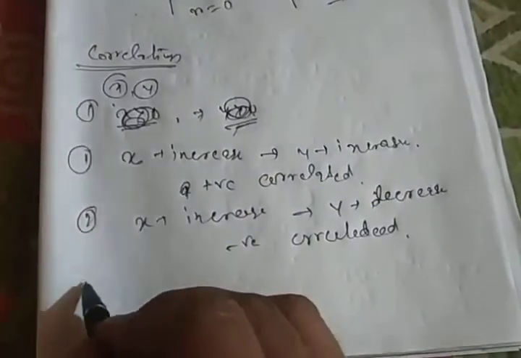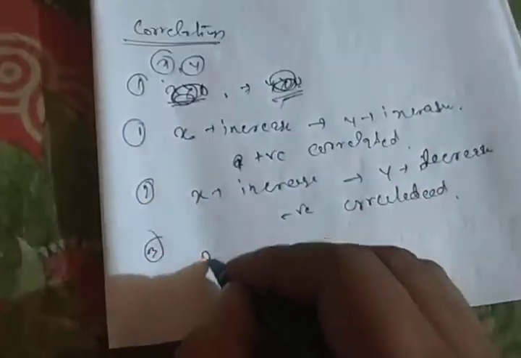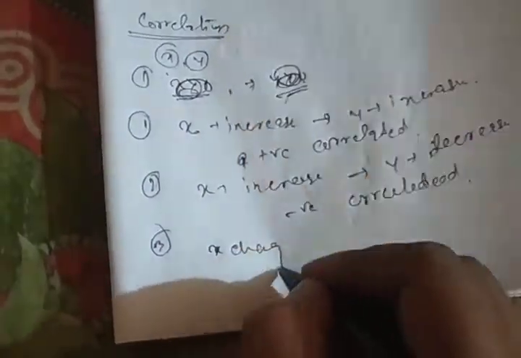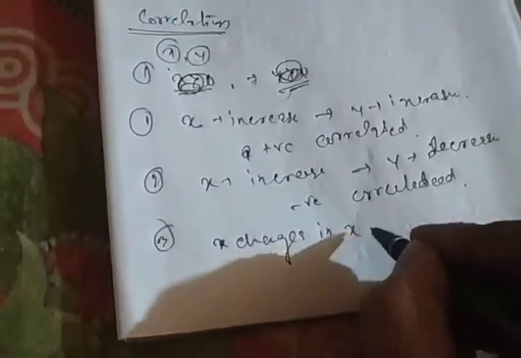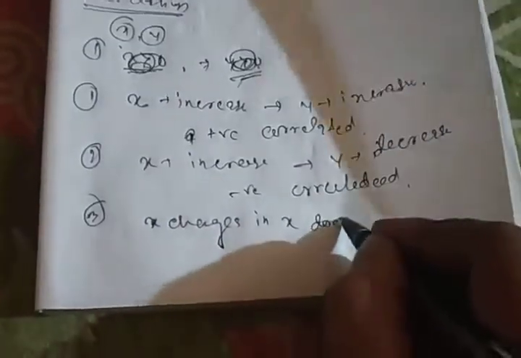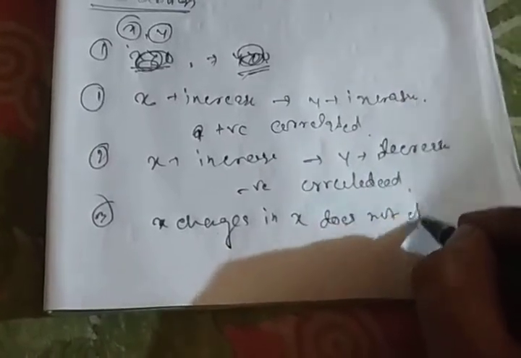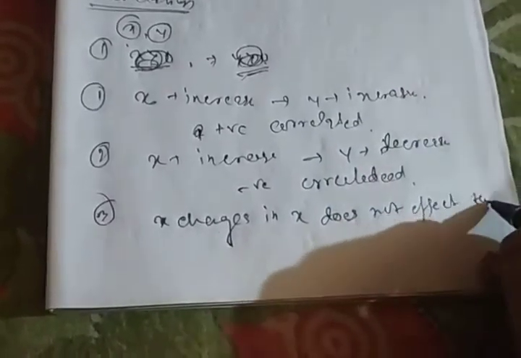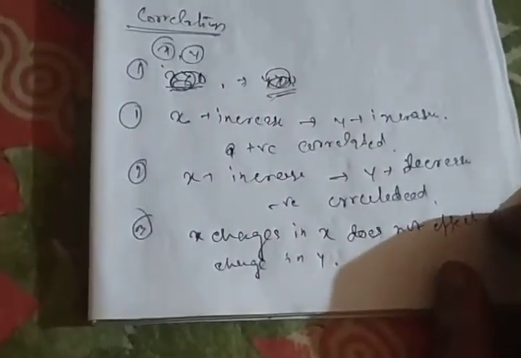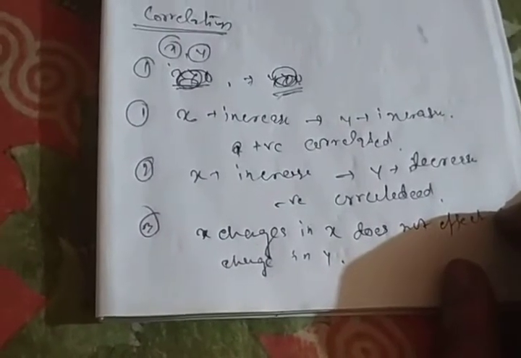Then if we find that changes in x do not affect the change in y, then we will say they are uncorrelated.